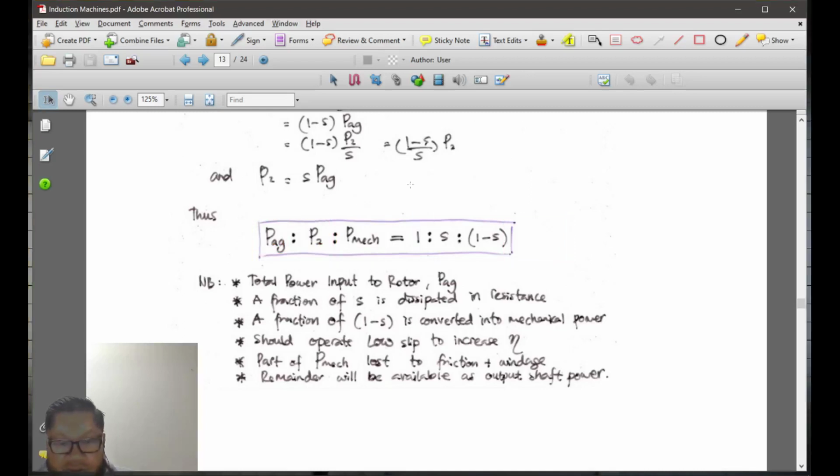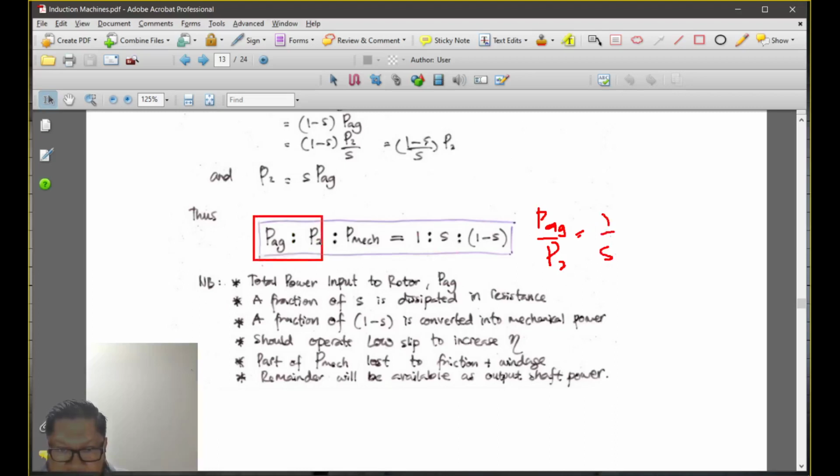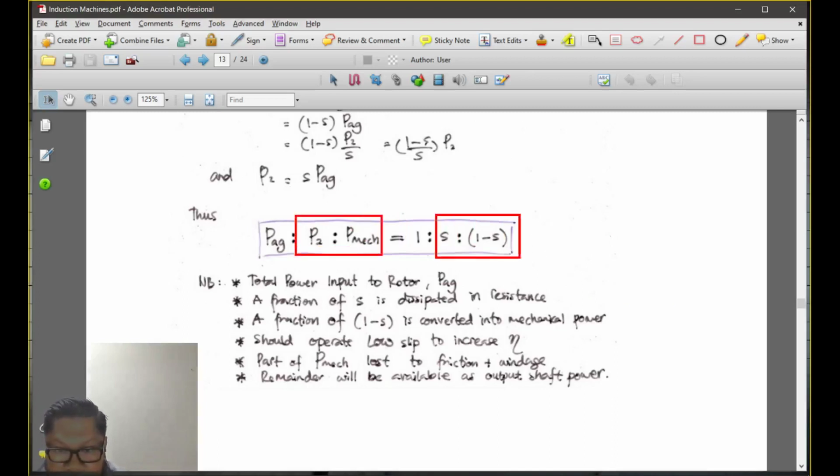PAG divided by P2 equals to 1 over S. So if you take only that, you get PAG divided by P2 equals to 1 over S. Therefore, P2 equals to S multiplied by PAG.